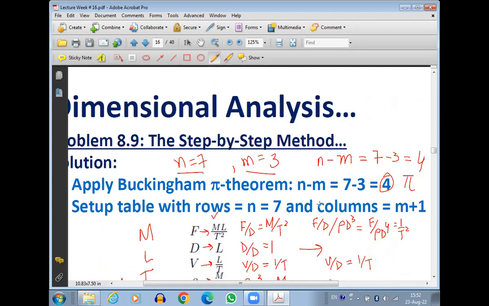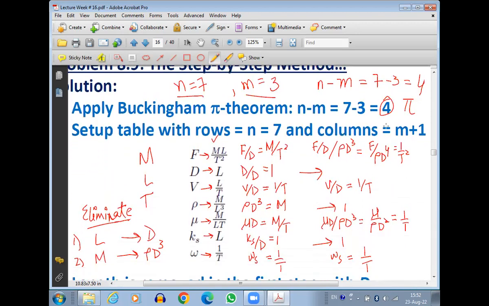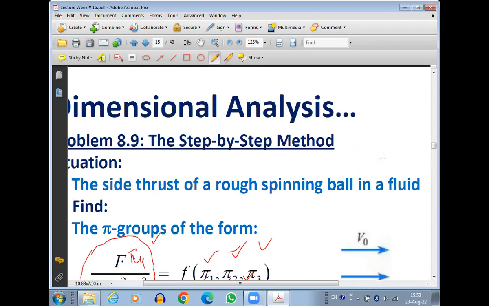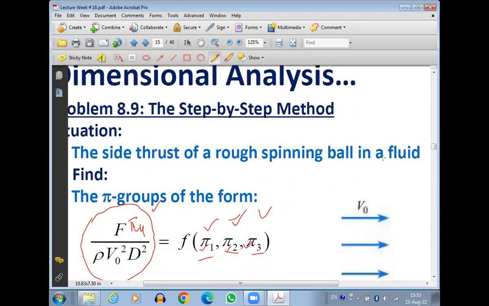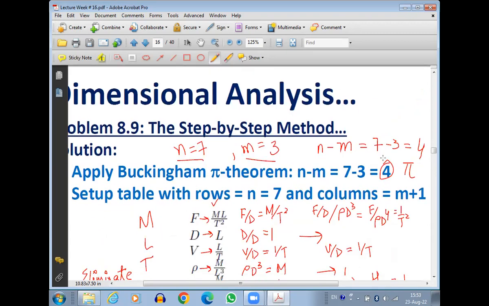How can I get this variable? I have here F by rho D power 4. We need F by rho V square D square.